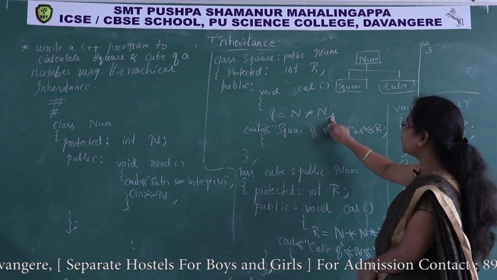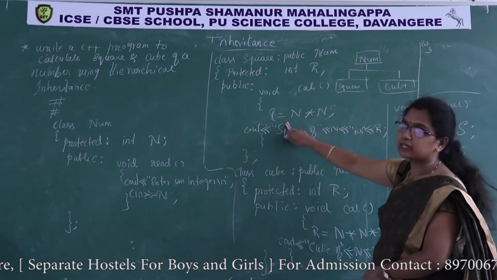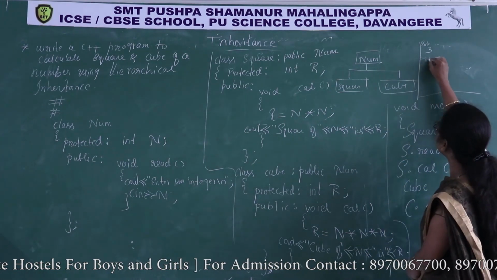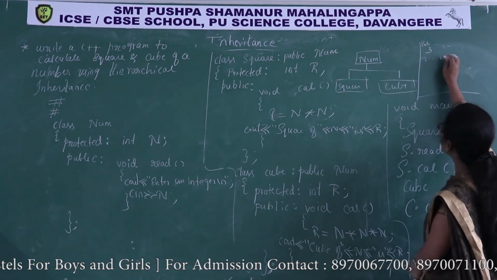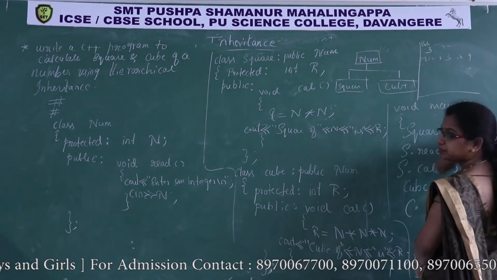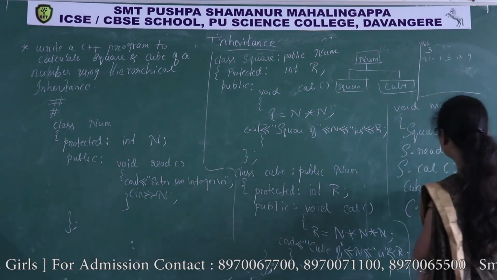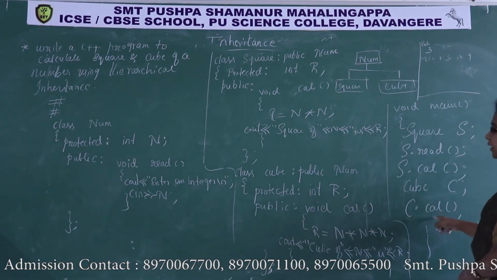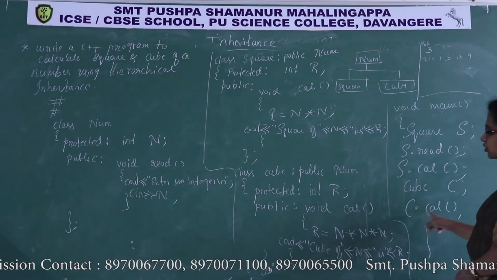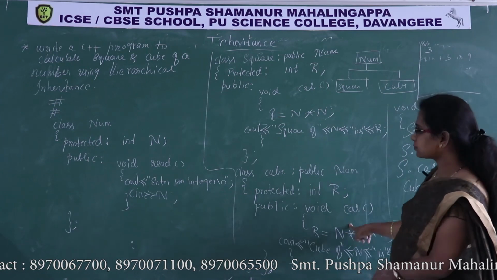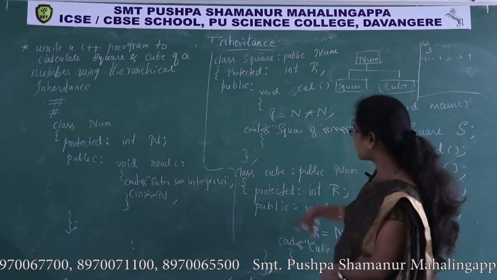R is equal to n into n. 3 3s are 9. 9 will be stored in r. After that, square of n is displayed. Square of 3, the n value is 3, is 9. Next, I have created an object for the class cube, c dot cal. Which function? This calculate function. So the n value is the same because it is inherited by both classes.